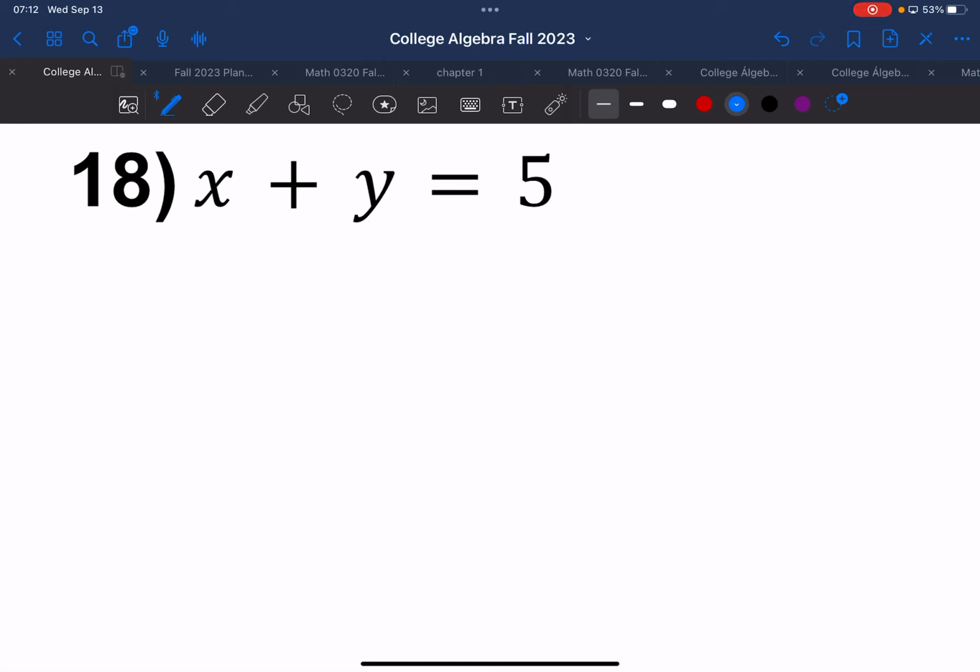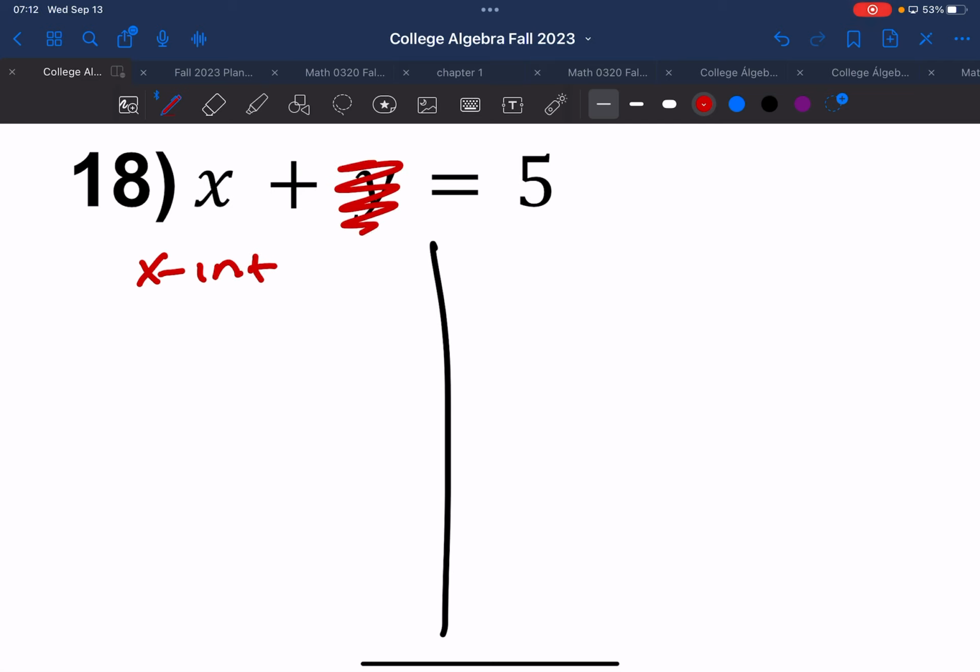This is another one where it would be easy to ignore the opposite variable because we don't have any coefficients in front of x and y. If we were finding the x-intercept, I know that this y is going to be ignored. And so I'm left with what? X equals 5, which is what point? 5, 0.